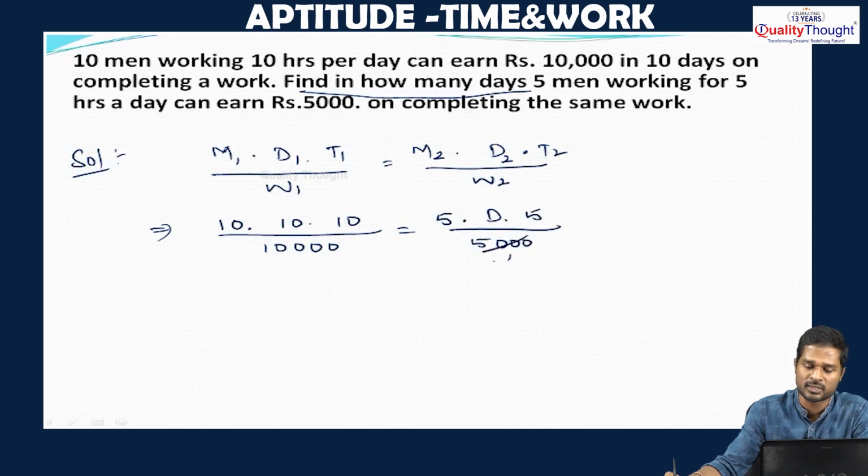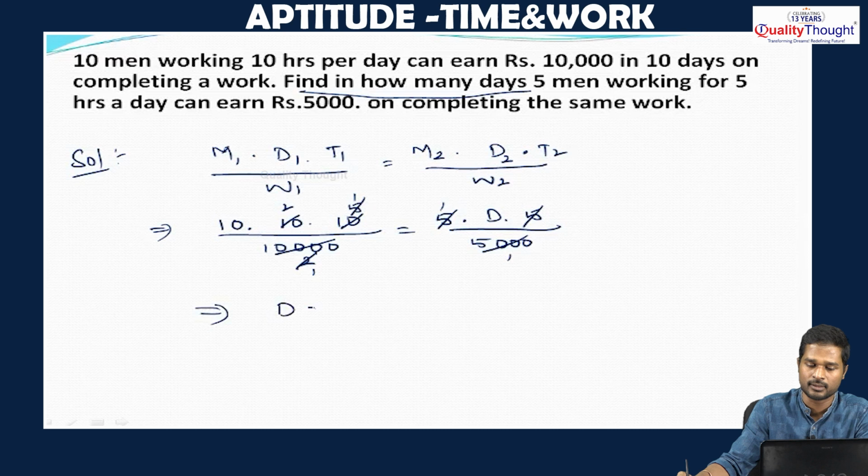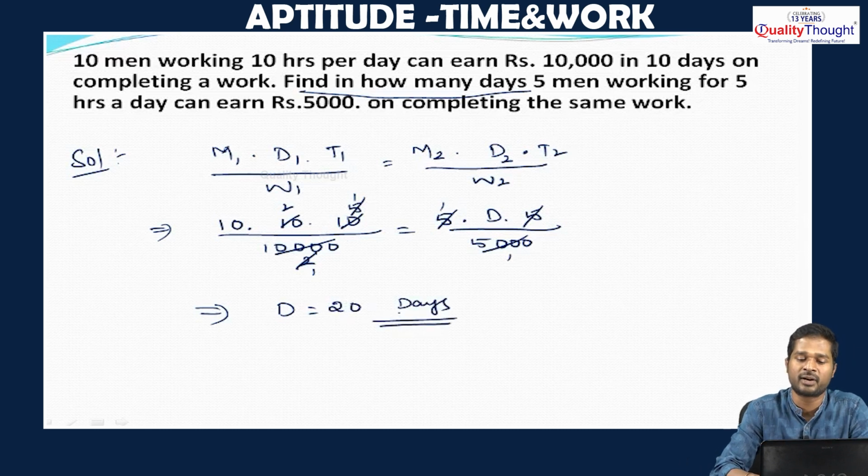Simplify like that: 5,000 ones are 5,000, twos are... 2 ones are 2, 5 fives are... 5 ones are 5, 5 twos are... Now, the number of days required by the 5 men working 5 hours per day to get a salary of 5,000 is 10 into 2, that is 20 days. That means 20 days are required by 5 people at 5 hours per day to get a salary of 5,000.